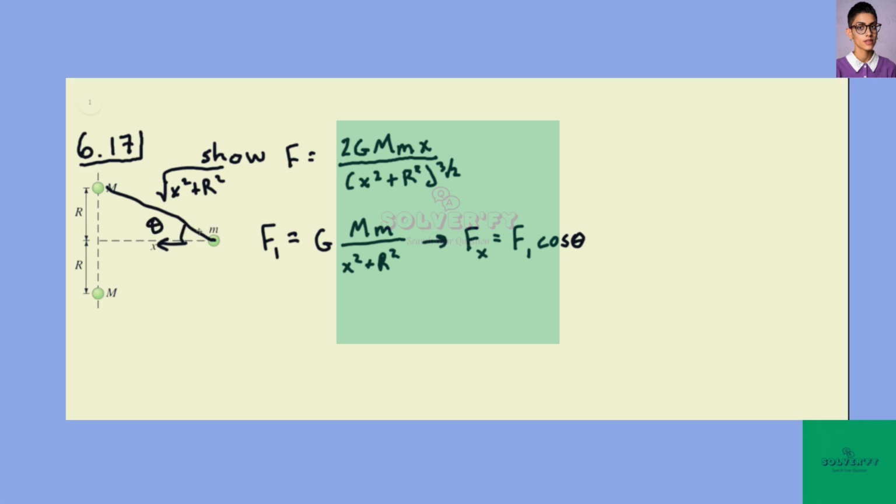And we know that the cosine of theta is the adjacent over the hypotenuse. So this is G big M little m over x squared plus r squared times the adjacent x over the hypotenuse, the square root of x squared plus r squared.